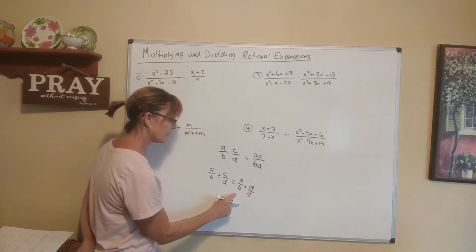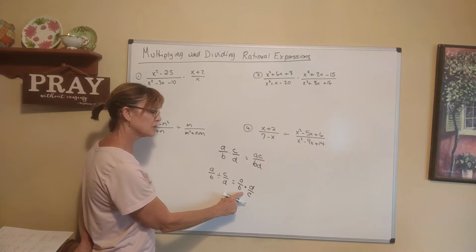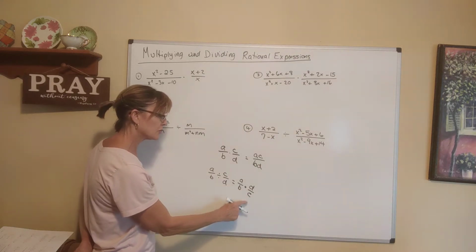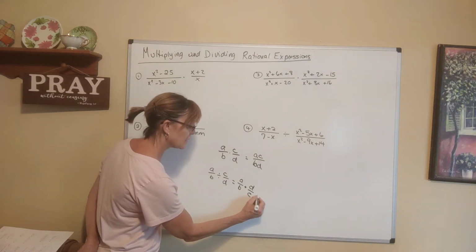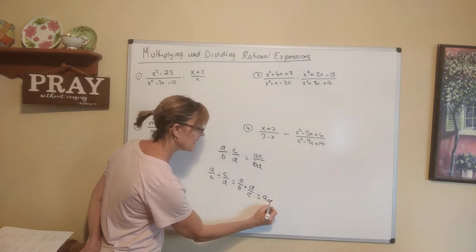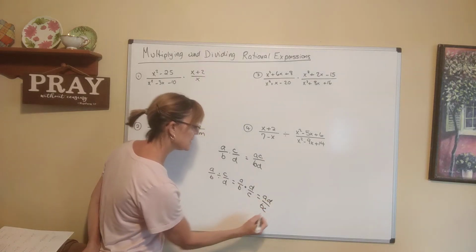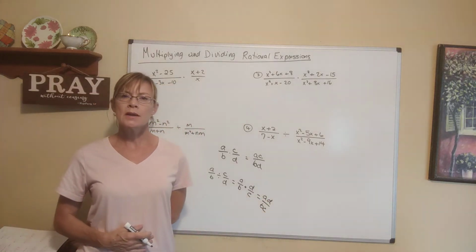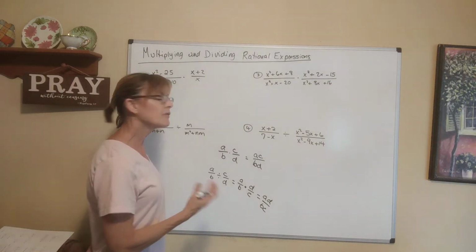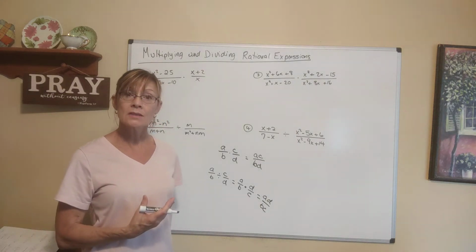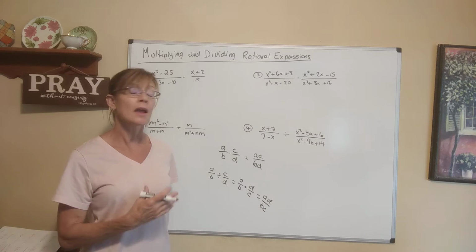So you keep the first fraction, you change the operation to multiplication, and you flip or take the reciprocal of the second fraction, and this is a times d over b times c. So that's what we're going to be practicing. However, if we can cancel common factors along the way, we will do that.